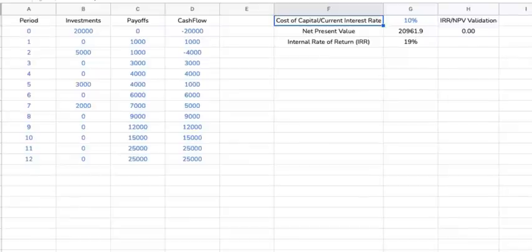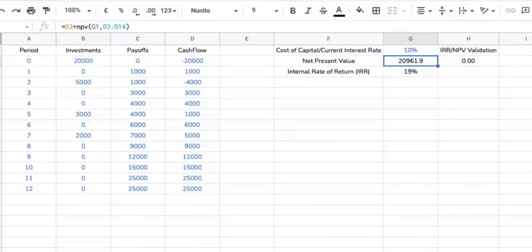What is the interest rate or the cost of capital as of now? That you can put in over here, 10%, 12%, 5%, whatever number you feel is right or sensible. Now, how do we calculate the net present value? To calculate the net present value, the first cash flow which you directly need to add is your initial investment, which is this number.